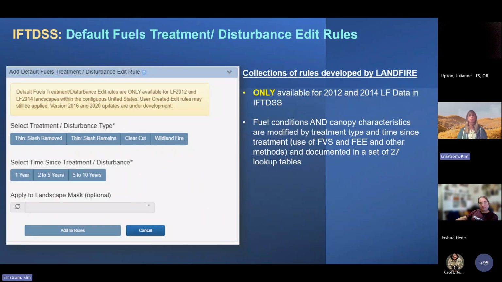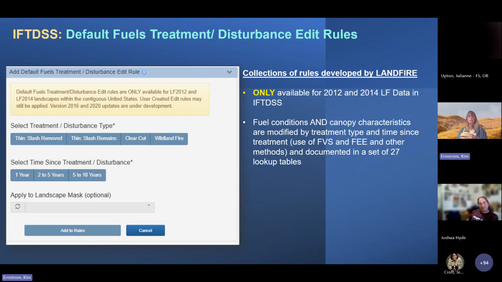So the first one is these default treatment rules. And you can see there's a yellow box on here that's pointing a few things out with this functionality. And we built this with Landfire. They were the ones that developed the rules. And the idea was that you could pick a disturbance type or a treatment type, and then pick a time since treatment.